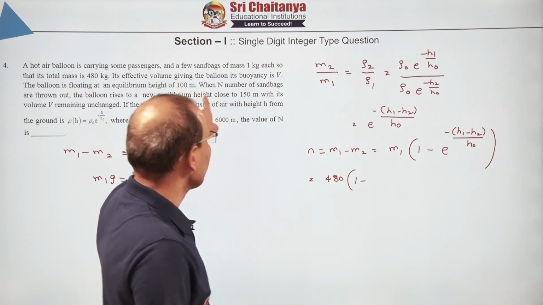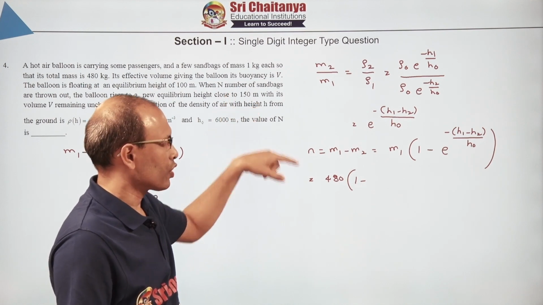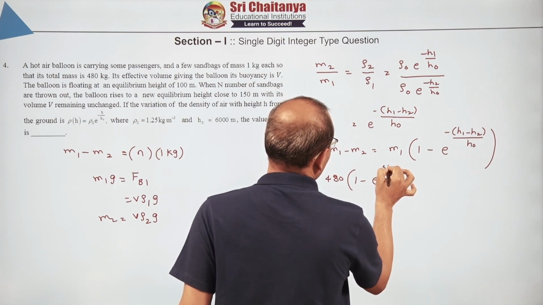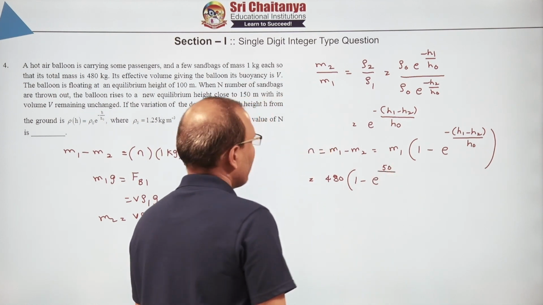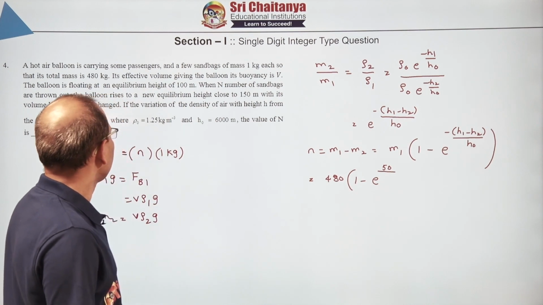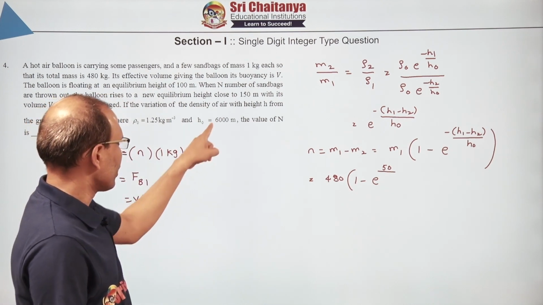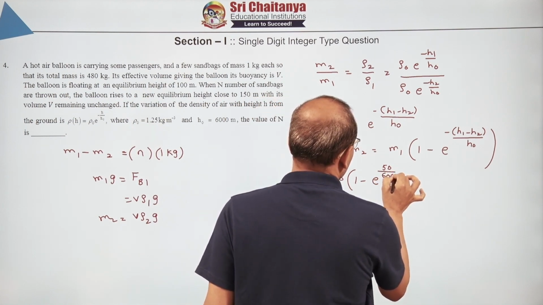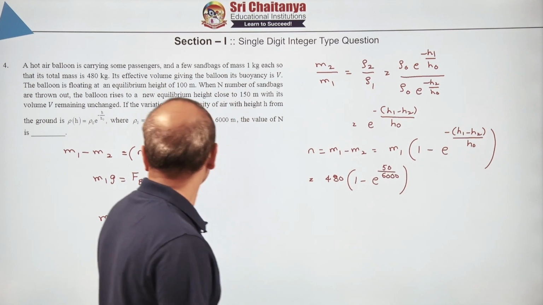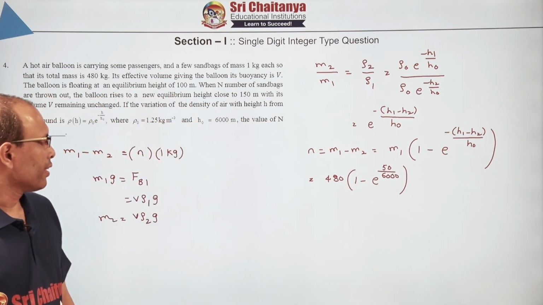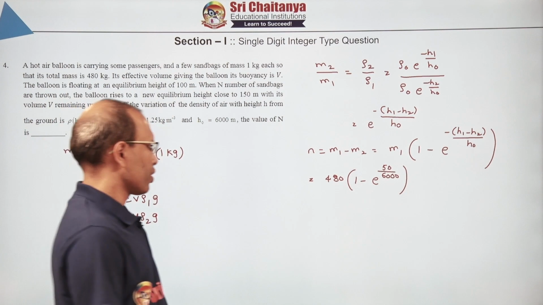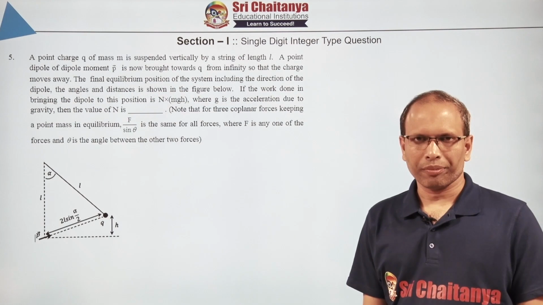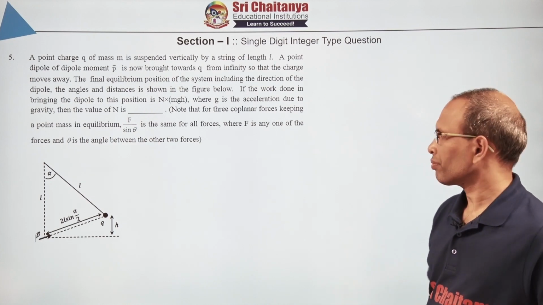So h1 is 100, h2 is 150, so the difference of these two is 50. E power minus 50 by h naught. So h naught is 6000. So simplifying these values, we get the n value to be approximately 4.